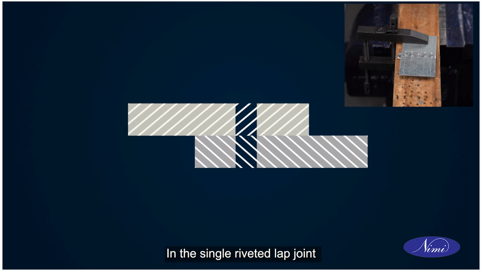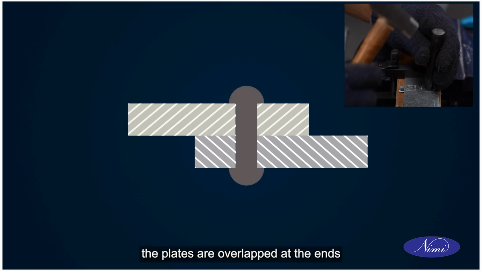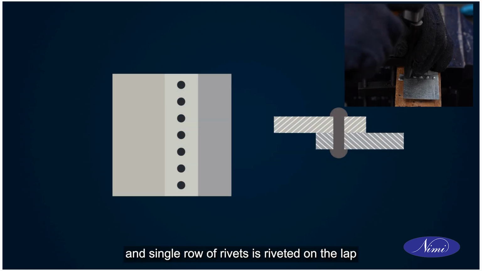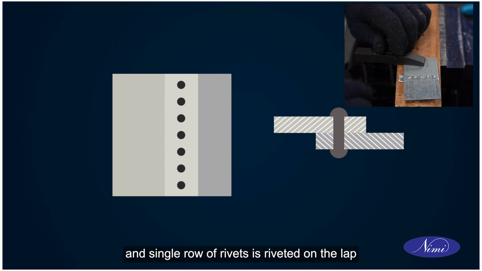In the single riveted lap joint, the plates are overlapped at the ends and single row of rivets is riveted on the lap.